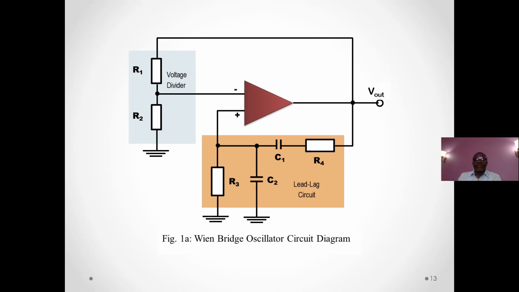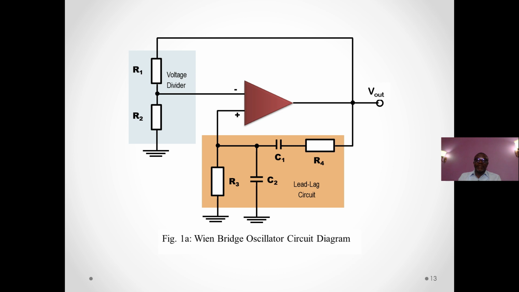Now, let's see the circuit we are talking about. This is a typical circuit of a Wien bridge oscillator. If you look at that, there is a positive feedback that goes through the lead lag circuit.